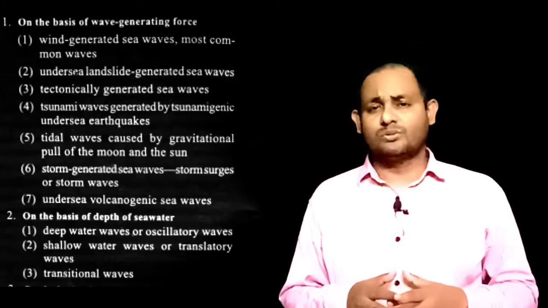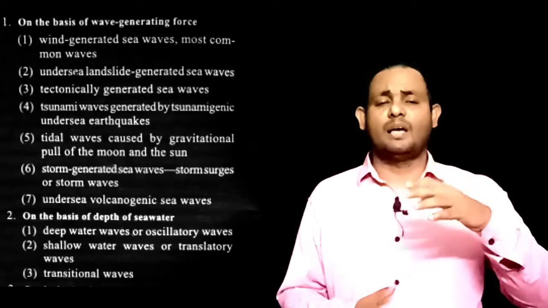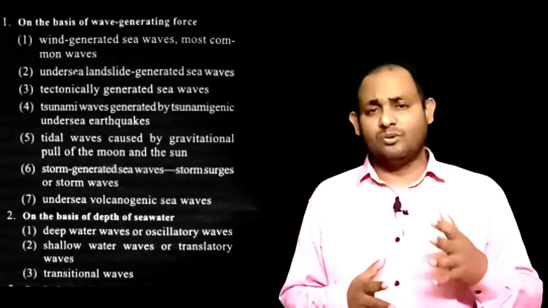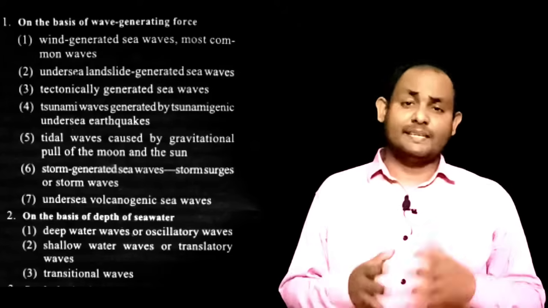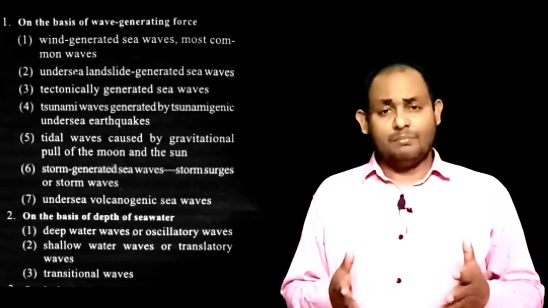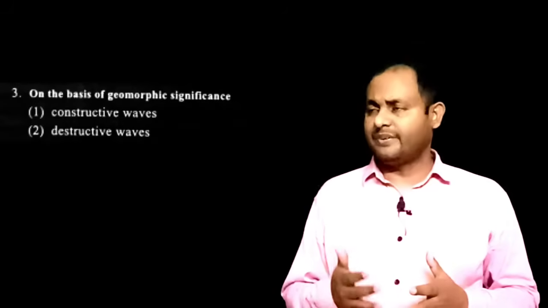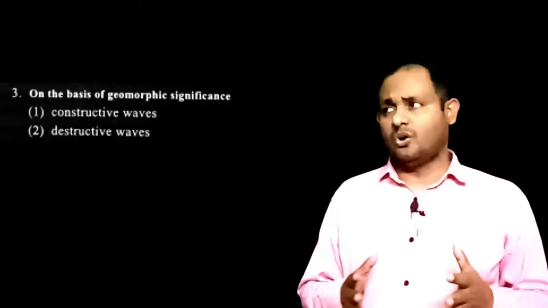Second, on the basis of depth of seawater, there are deep water waves or oscillatory waves, shallow water waves or transitory waves, and tangential waves. Number three, on the basis of geomorphic significance, there are constructive waves and destructive waves.